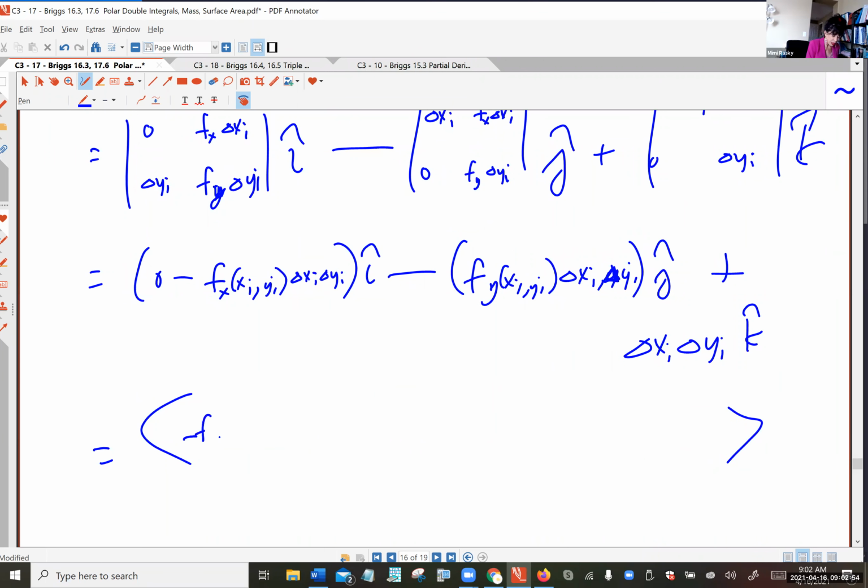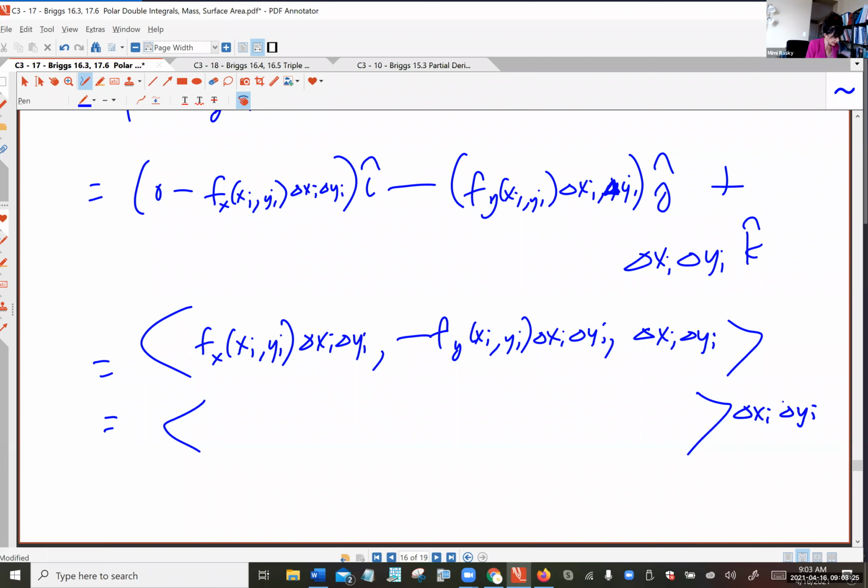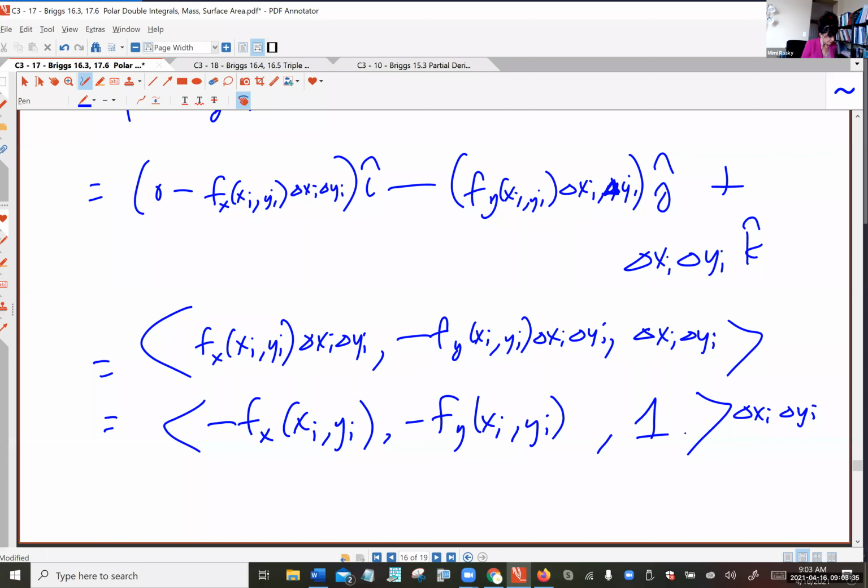Do you see a common factor between all three of these components? Yes. What is it? Delta x sub I, delta y sub I. So I'm going to pull that puppy outside and then keep everything else inside the vector notation here. And boom, there we have it.